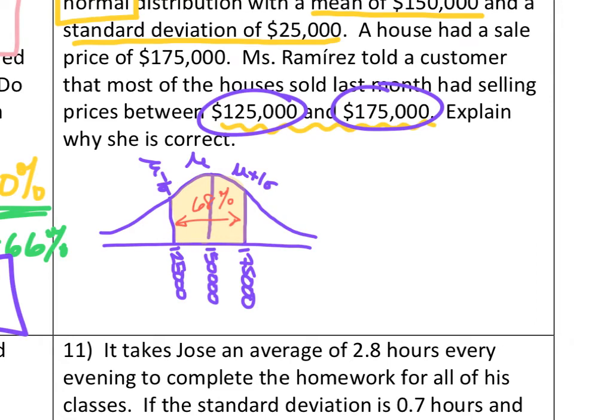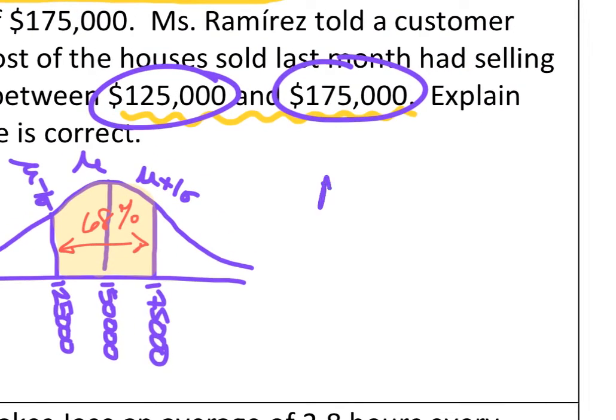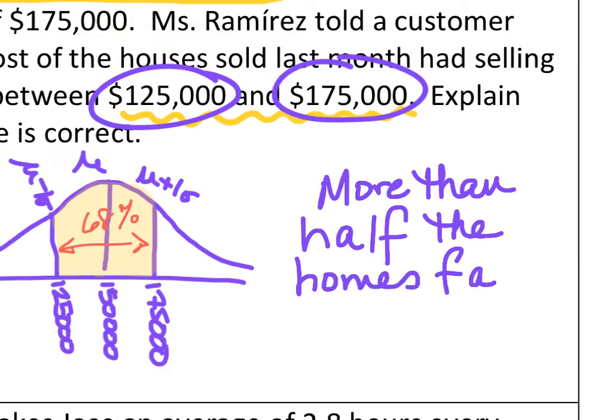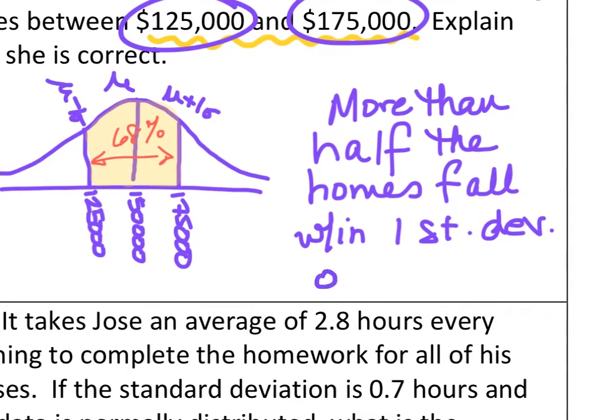Therefore, let's say that more than half of the homes fall within 1 standard deviation of the mean.